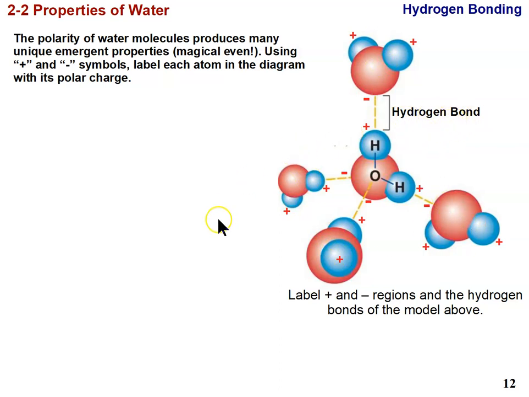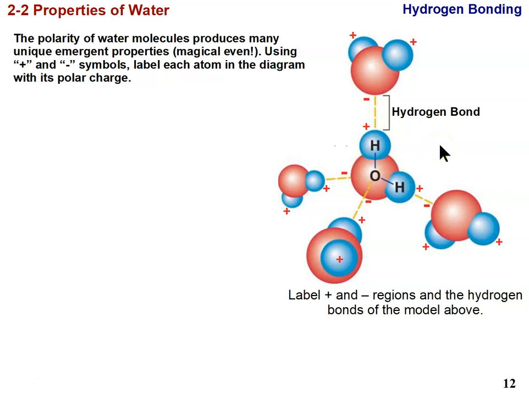And hydrogen bonds are completely different, even though they call it a bond. It's not a chemical bond because it doesn't involve either the sharing or the transfer of electrons between atoms. This is simply a relatively weak attraction. It's kind of like a van der Waals force. It's a weak attraction between water molecules. Right?